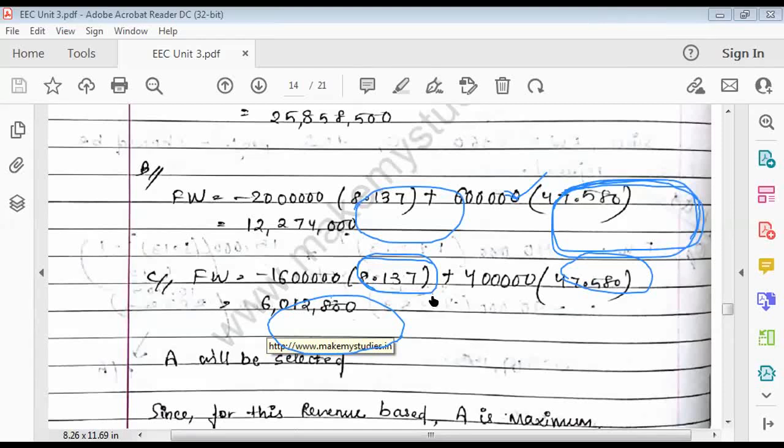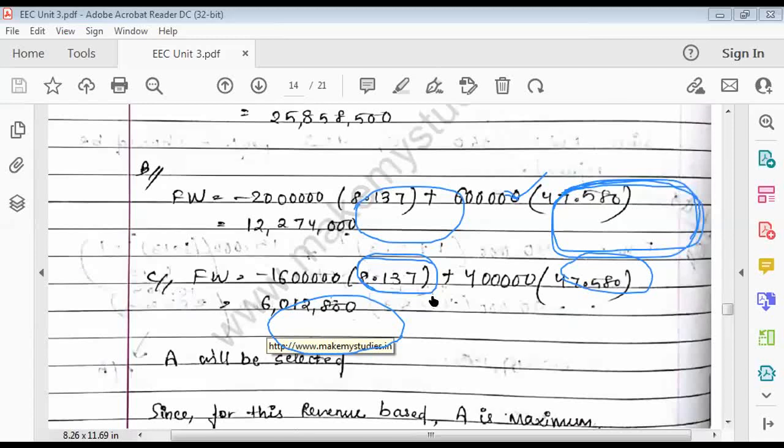All these investments, 15 lakhs, 20 lakhs, 16 lakhs, are single time investments, but these 8 lakh, 6 lakh, and 4 lakhs are annual returns. So that is why you find that revenue is dominating the cost here, and this is a revenue based question.